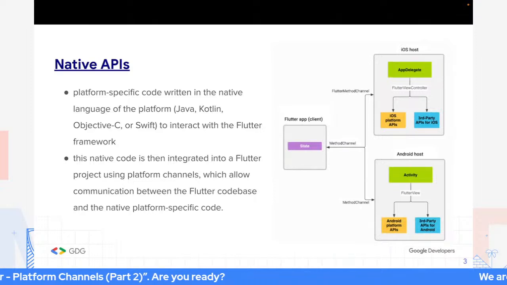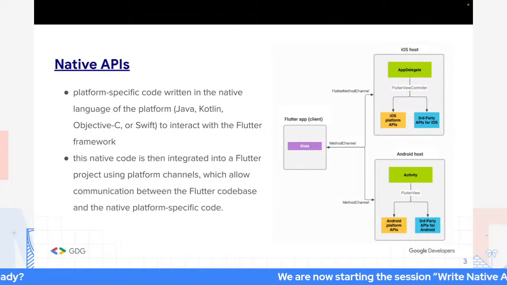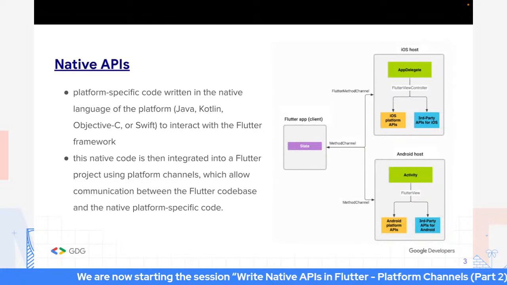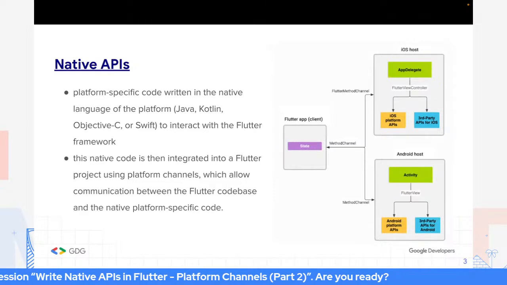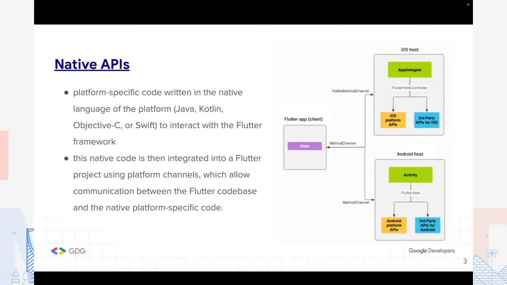Which also means that if you want to access something for one platform, let's say for Android, some of the device features or the system features, then it is not feasible to do it with Flutter because remember Flutter is a cross-platform framework. So one code is going to work for all of the platforms. But let's say you want to dive in deeper and get some information about the Android device. So in that case, we are going to use something called the native APIs.